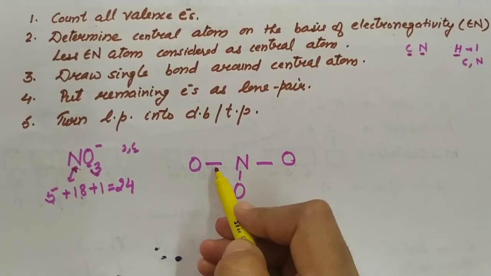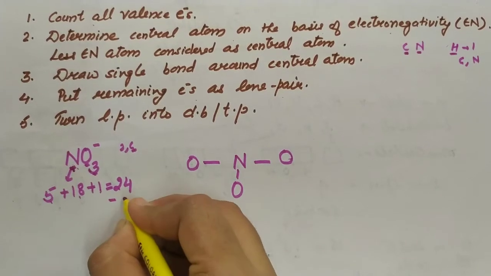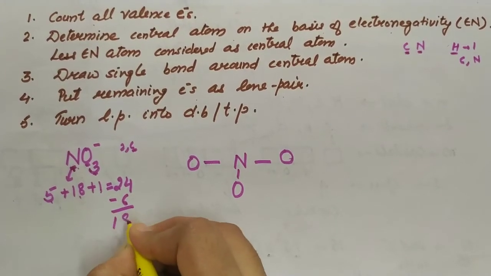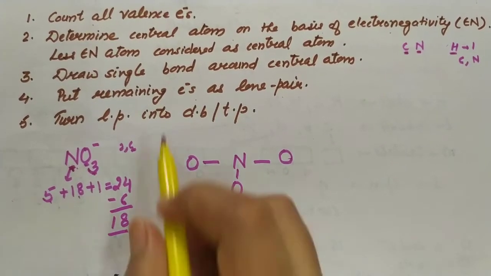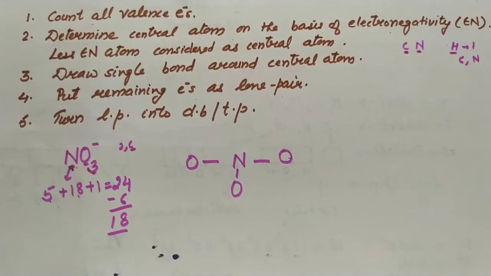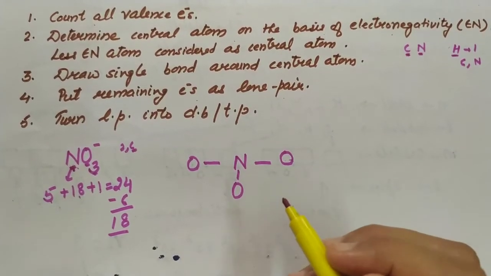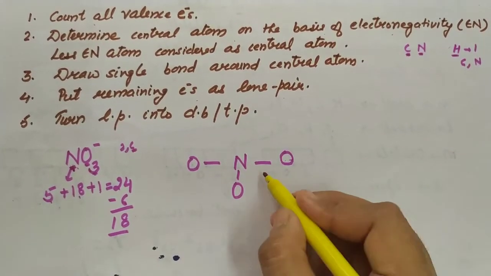One single bond means 2 electrons, so 2, 4, 6. Minus 6 electrons. Remaining electrons are 18. Put the remaining 18 electrons as lone pairs on the surrounding atoms. The surrounding atom is oxygen. Firstly, complete the octet of the surrounding atoms.